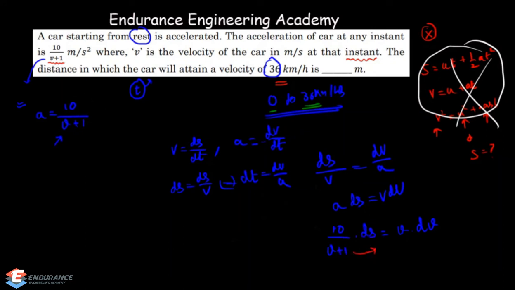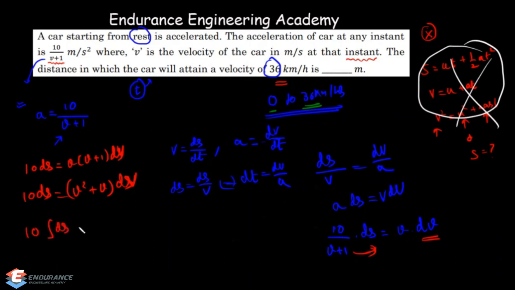I'm just bringing this v plus 1 to that side. So if I do that, 10 into ds will be equal to v into v plus 1 into dv. That is going to be v square plus v into dv. This side we have dv, right? So this is 10 into ds. Now if I integrate it, integration of ds, integration of v square plus v into dv.